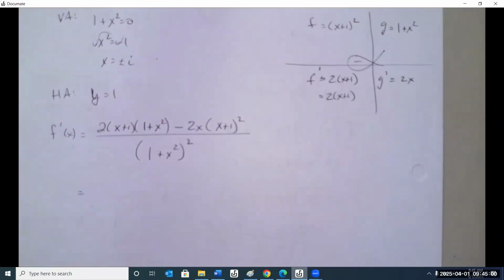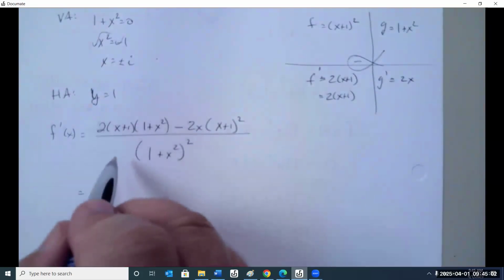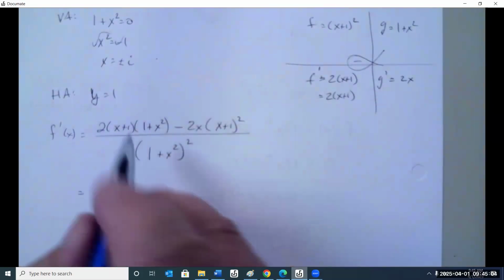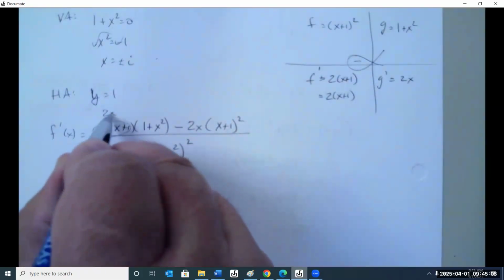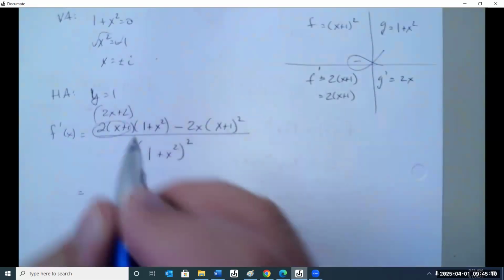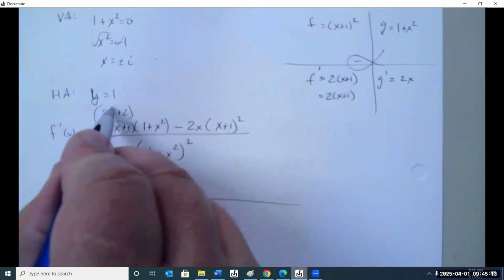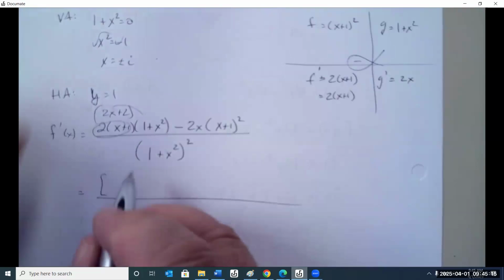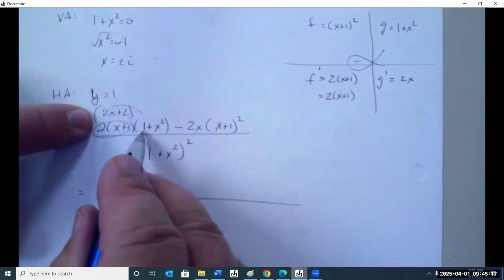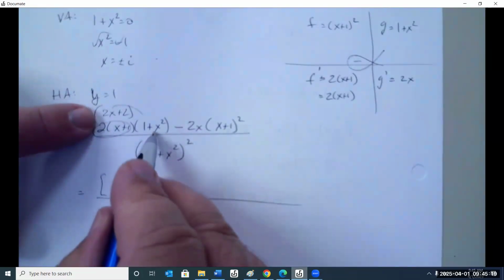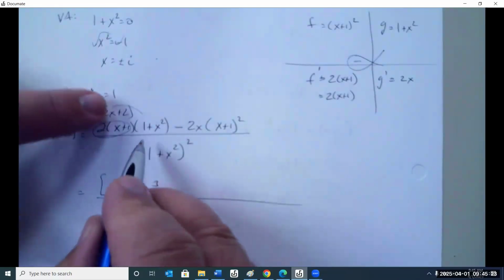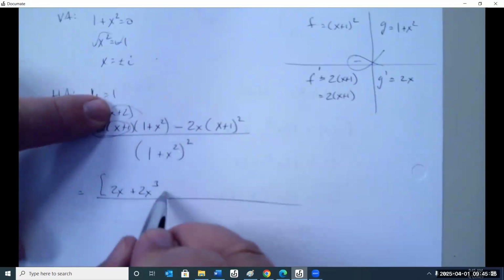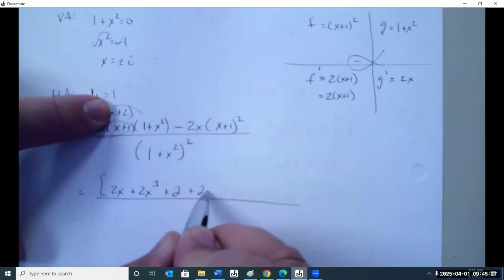Okay. So let's combine all the bottoms. Let's fix the numerator. This will be 2x plus 2 times that. So we have to FOIL the top. 2x times 1 is 2x. 2x times x squared is 2x cubed. Then 2 times 1 is 2, and 2 times x squared is 2x squared.